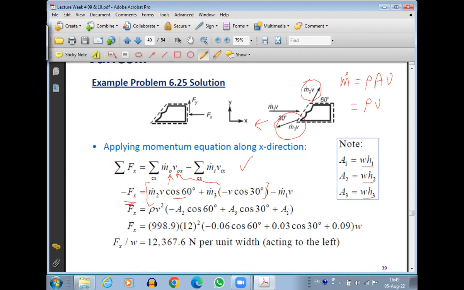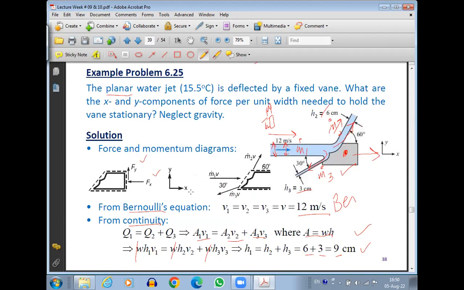If you just substitute the values of the areas, what we need, as you see in the problem, is the x, y component of force per unit width.